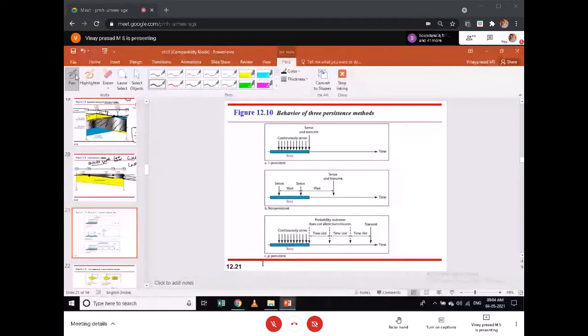In order to explain this, let me explain them in a time diagram. I'll just represent the channel in terms of time. I am assuming that during this duration the channel is being utilized for carrying some other host's data, since it is a shared channel.